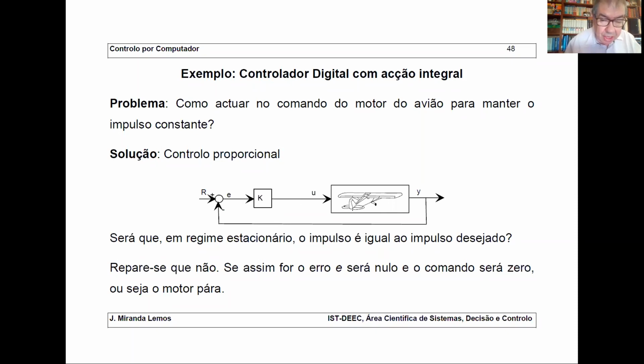I mean, suppose that you want to have a constant reference for the impulse. Does y approach r? In qualitative terms, it's understandable. It's easy to see that it does not exactly go to r, because if y is exactly equal to r, then the error is 0, and the excitation of the motor is 0.